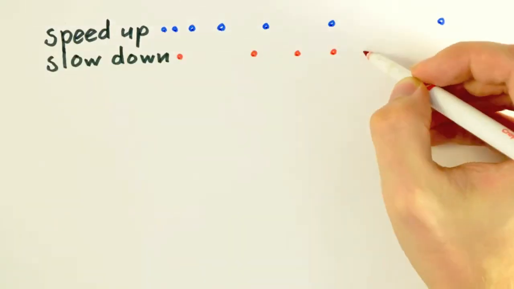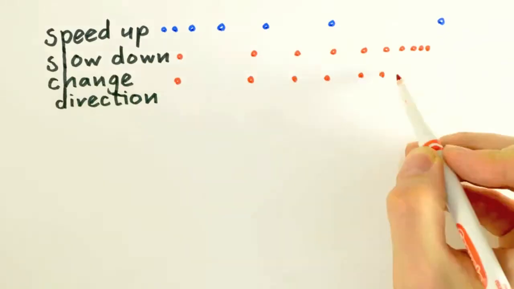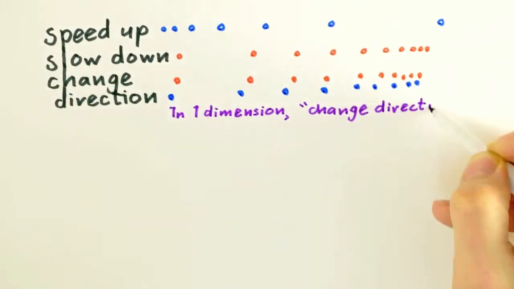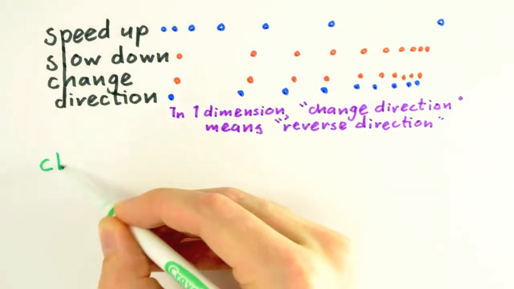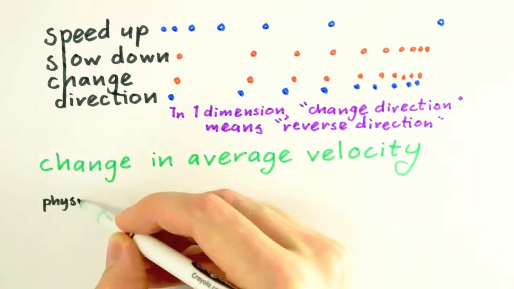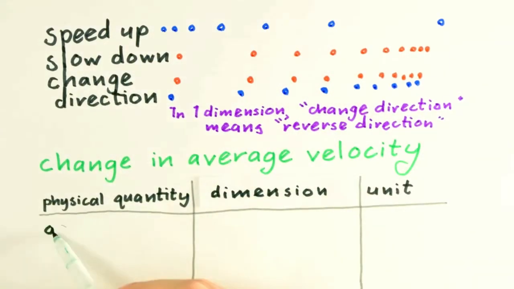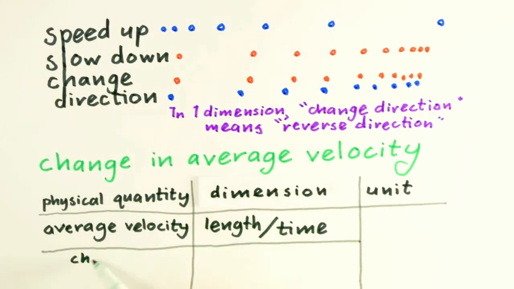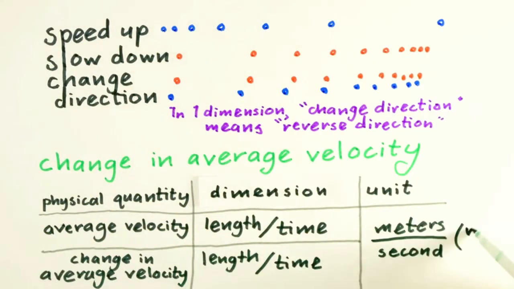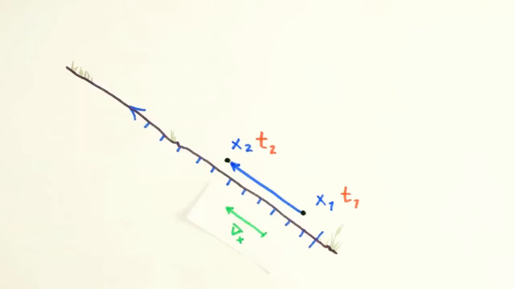Now, as an object moves, the object can speed up, slow down, or change direction. This can be captured by the change in the average velocity, which we'll call here delta Vx. We see that the change in average velocity has the same dimensions and units as the average velocity. To compute the change in average velocity, we need two average velocities. We computed one already, Vx1.